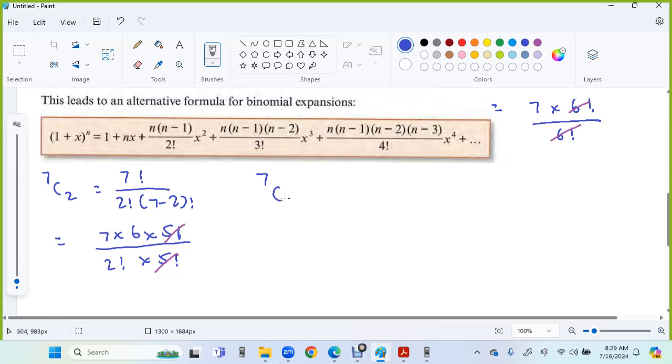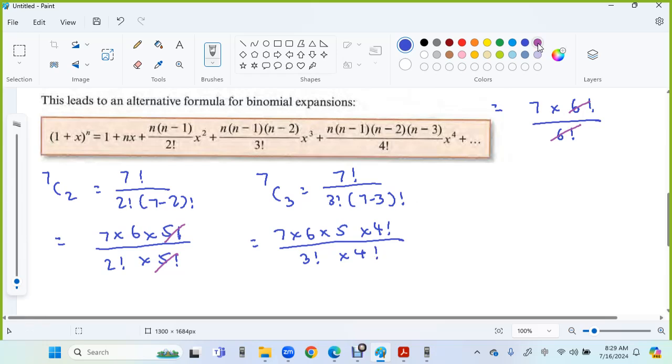And then we have the 7C3. Then it will be 7 factorial over 3 factorial times (7 minus 3), which is 4 factorial. Then we have 7, 6, 5, 4 factorial, and then 3 factorial multiplied with the 4 factorial. And this one can be cancelled.